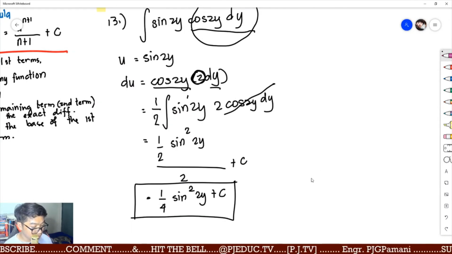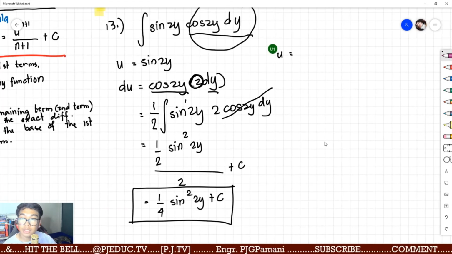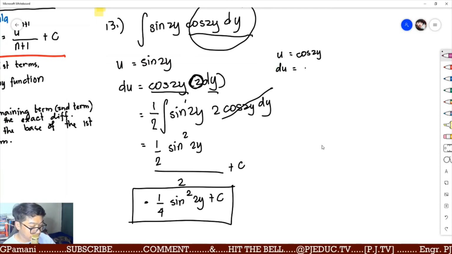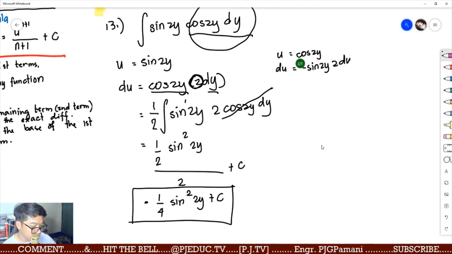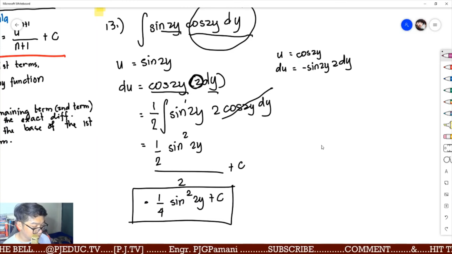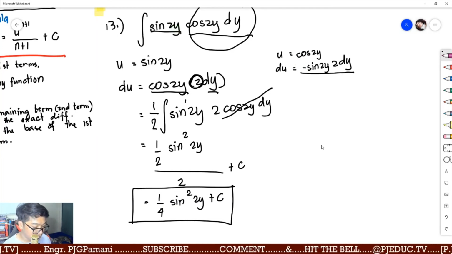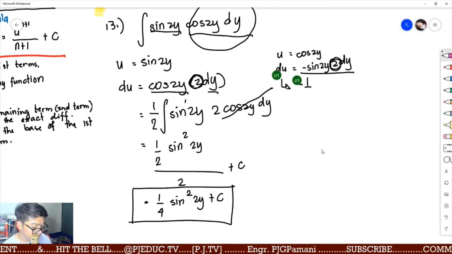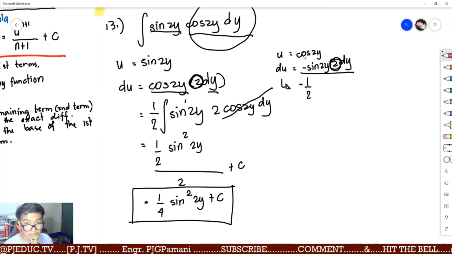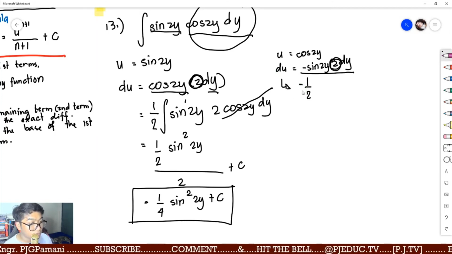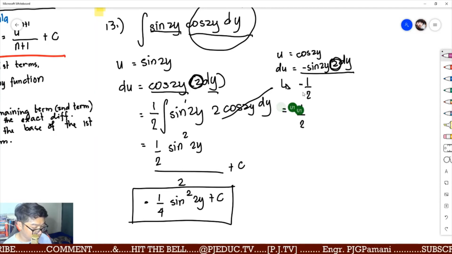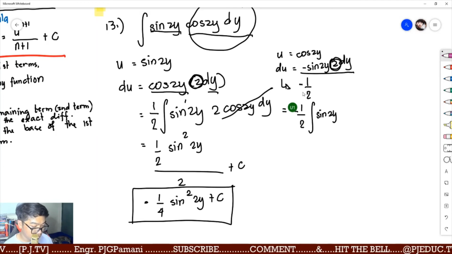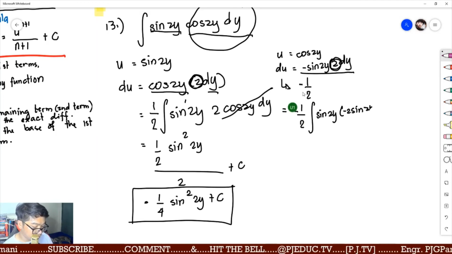Or, kung gusto mong gamitin yung cosine 2y, u natin is cosine 2y. Differentiate, that is now negative sine 2y of 2 dy. Pero meron na tayong sine 2y dy, pero wala pa tayo nung constant na 2. So that is why we need to introduce a correcting factor of negative 1/2. Negative kasi yung positive. So that we'll need to use negative 1/2. With that said, correcting factor 1/2 times negative 2 sine 2y dy.